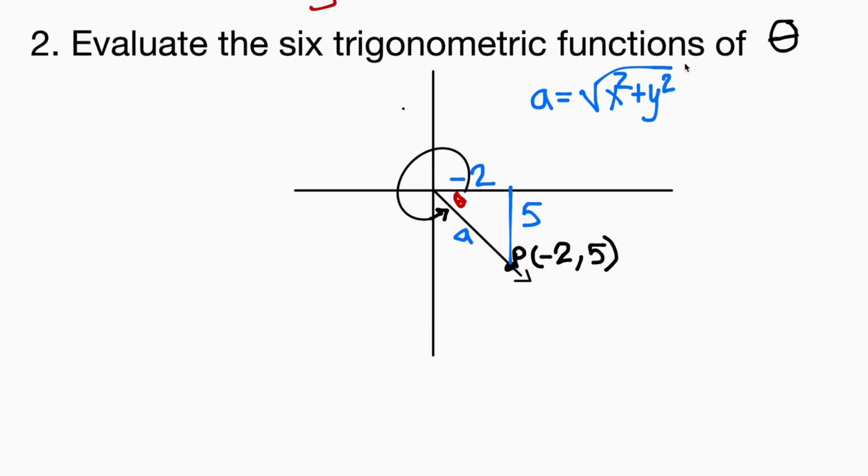We square negative 2 and 5, so that gives us 4 plus 25, square root, which means that a is square root 29.